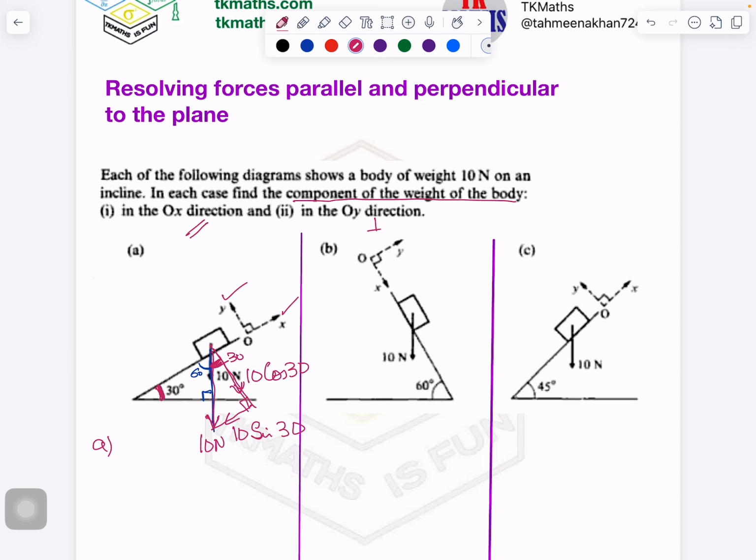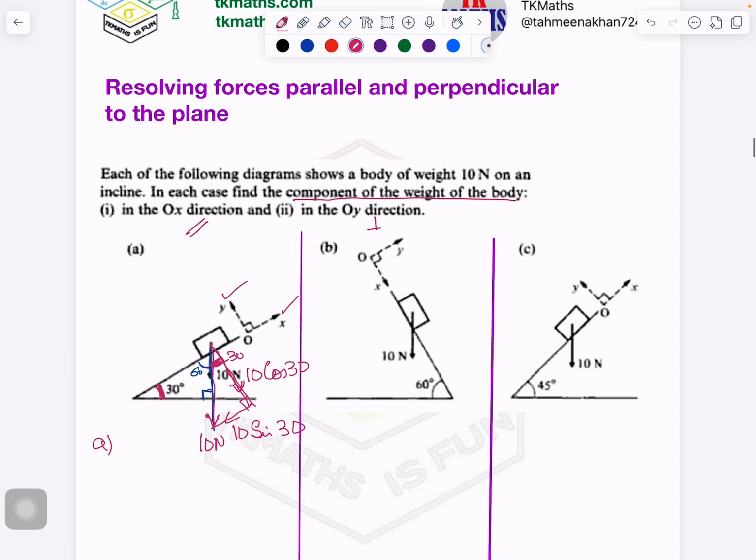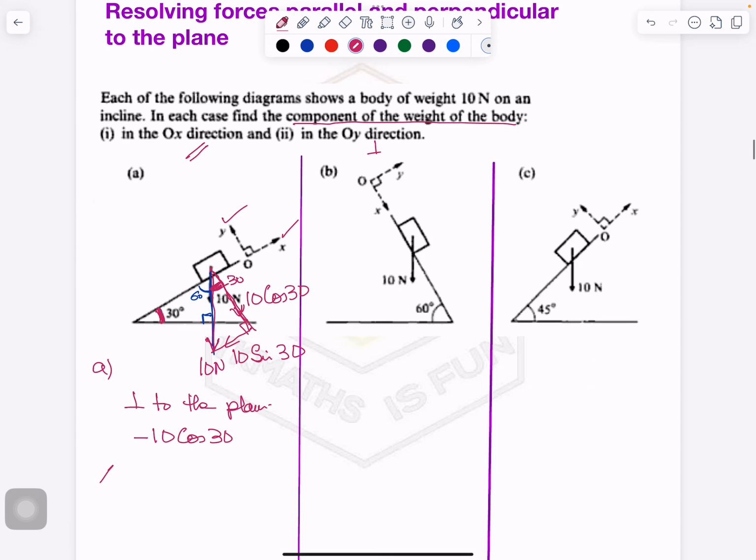But please remember both will be negative because this is downward. So you can say perpendicular to the plane, right? So it is minus 10 cos 30, and if it is parallel to the plane, then it is minus 10 sine 30, right?